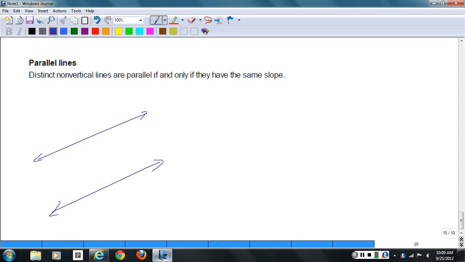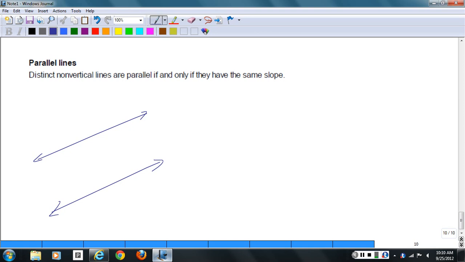Does it look like these lines could pass as parallel lines? Maybe. If so, which line is steeper? If so, I'd like to say they have the same amount of steepness.